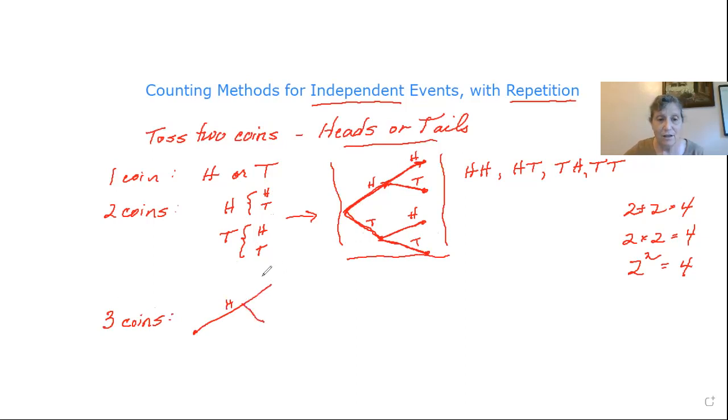So this could be a head or a tail, each of which could be a head or a tail. Or if the first one landed on a tail, we still have this whole entire branch. So the second one could still be a head or a tail, and the third one could still be a head or a tail.